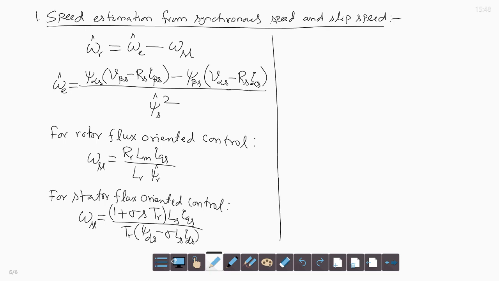So, accurate estimation of slip speed omega SL near synchronous speed is difficult because signal magnitude is small and highly dependent on machine parameters. So, near synchronous speed slip speed estimation is inaccurate. So, speed estimation is inaccurate. Then integration of machine back EMF at low speed and low voltages is difficult. So, this inaccurate estimation of stator flux makes omega E estimation inaccurate.